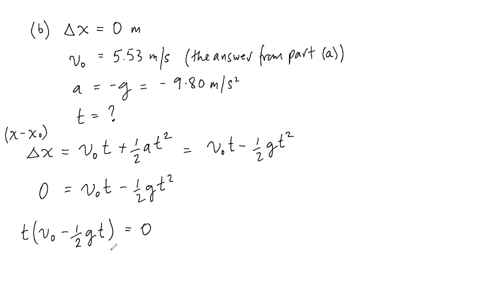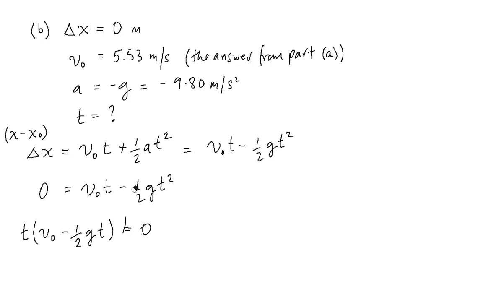And so it's saying we've got this factor times this factor equal to 0. Anytime you have something multiplied by something else equal to 0, it means that either one or the other or both are equal to 0. So you're going to get two solutions for t that satisfy this equation.